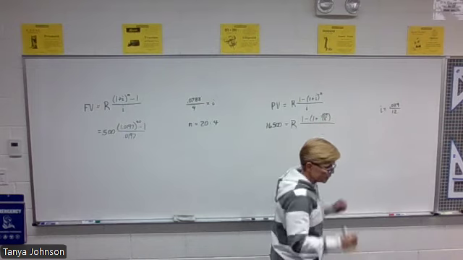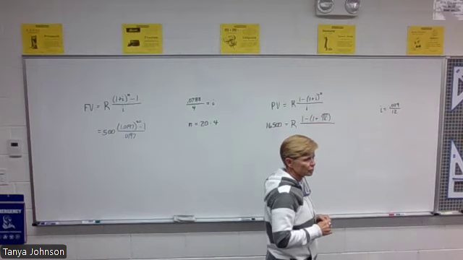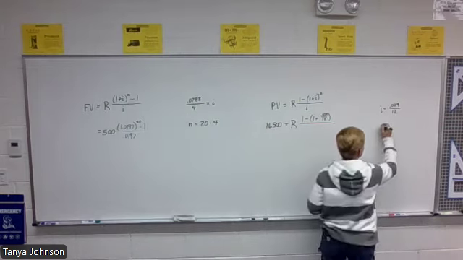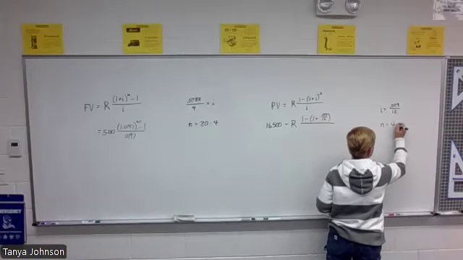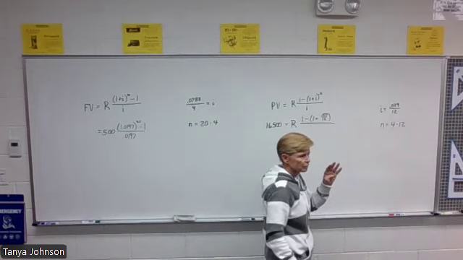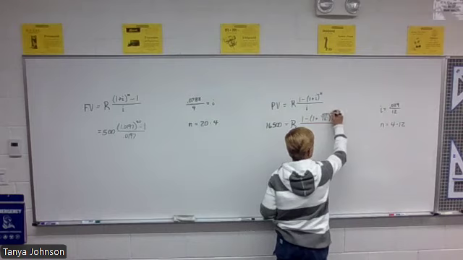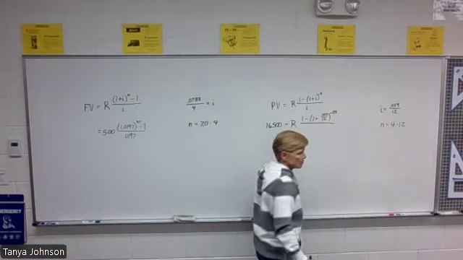How many payments will he have to make? That's what N is. How many payments is he gonna have to make over the terms of this loan? He's got a 4-year loan. He has to pay 12 times a year. That's negative 48 up here.